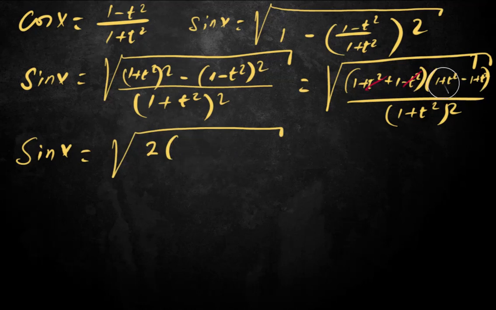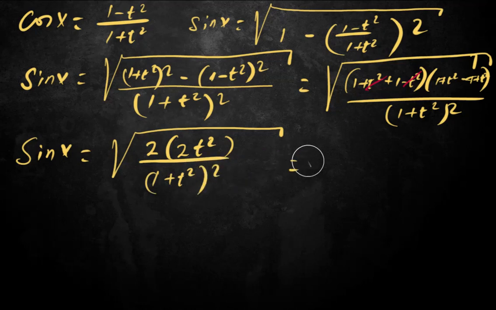Here we get the 1's gone and 2 times t squared here over 1 plus t squared all squared. So that simplifies to 2t over 1 plus t squared. That's sine x.